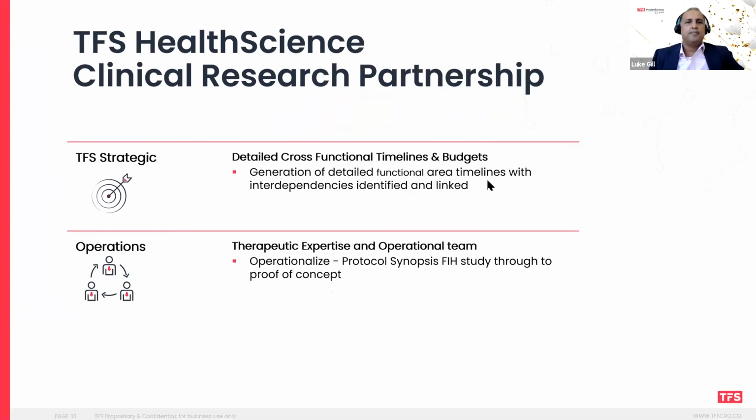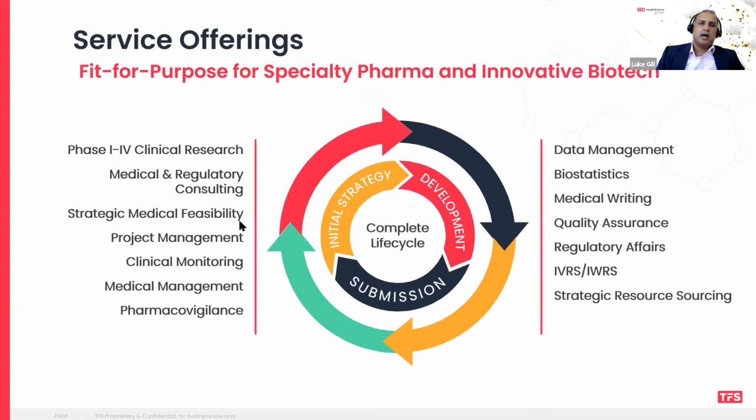And then obviously the key is having expertise in your operational teams of what you're going to get from your partner in terms of supporting functions. I quite like this slide because it basically tells you that you have your initial strategy development and you have the complete life cycle and some of the different services that you should be looking at and where the expertise is going to be important.